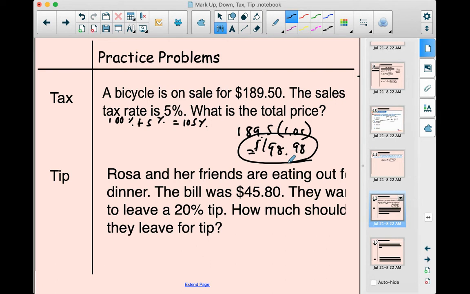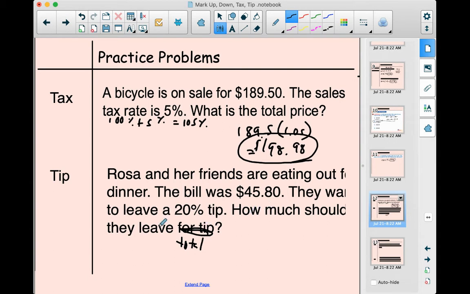All right. So in a similar way, let's see if you can figure out this tip one. This tip is also being added on. Rose and her friends are eating out for dinner. The bill was $45.80. They want to leave a 20% tip. How much should they leave? Let's say how much do they want to leave total? Although it's a good idea to make sure you're again reading the question.